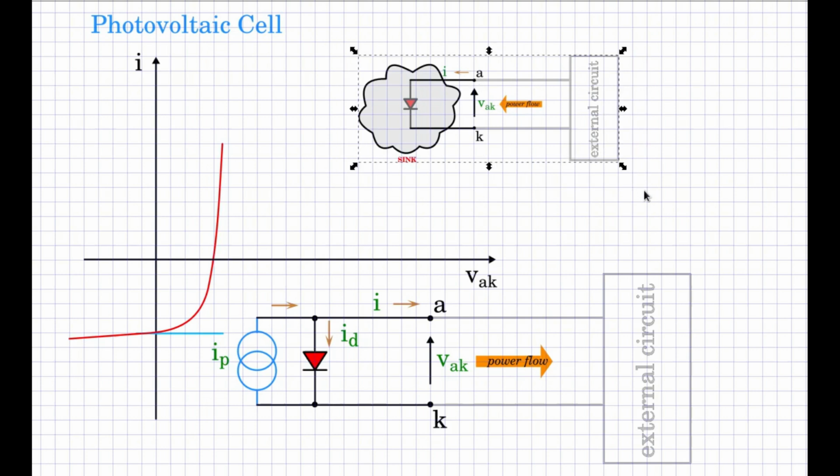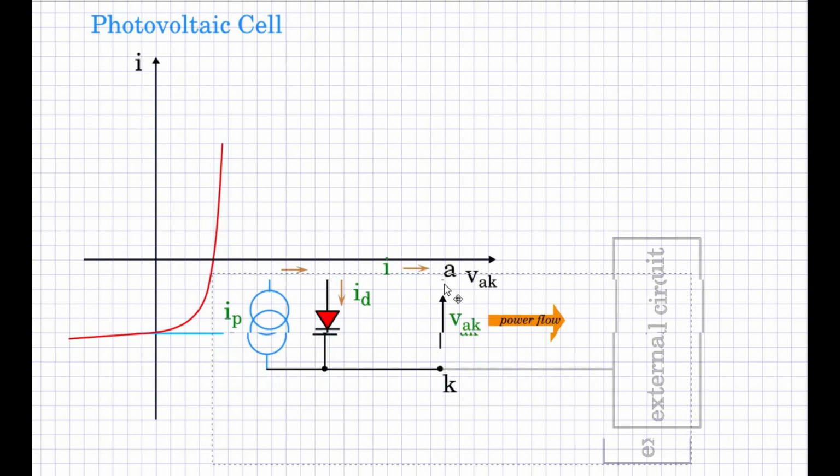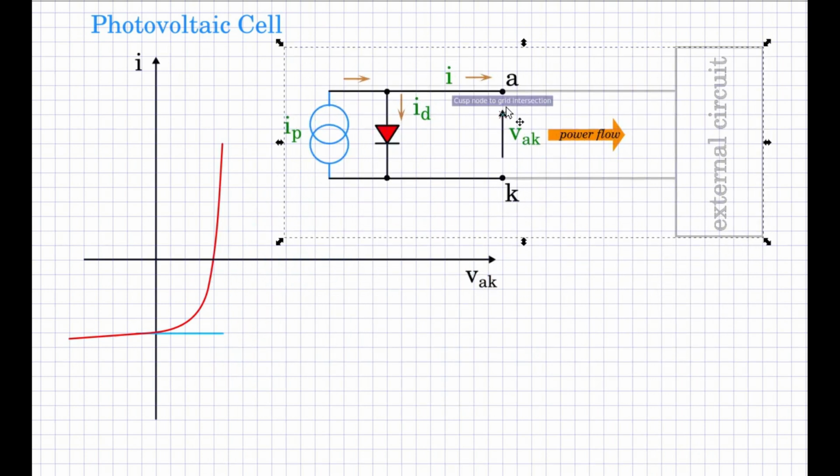So we would like to use this as our reference now, and bring the characteristic to the first quadrant, which means we have to flip the current axis.